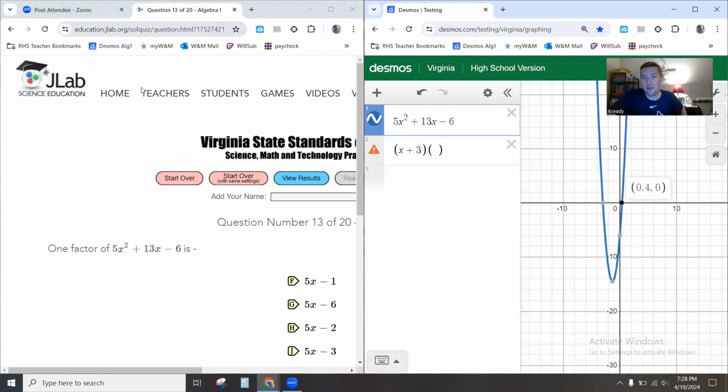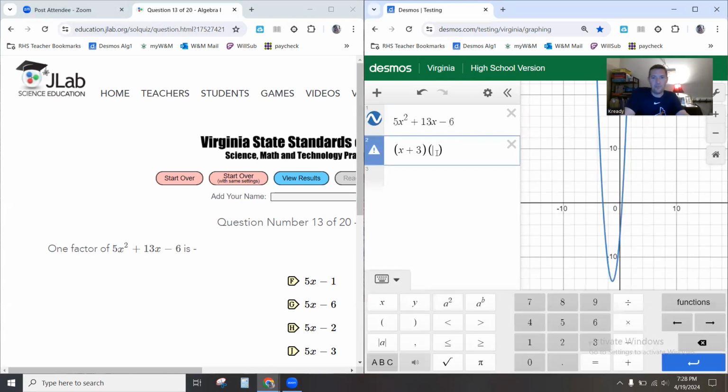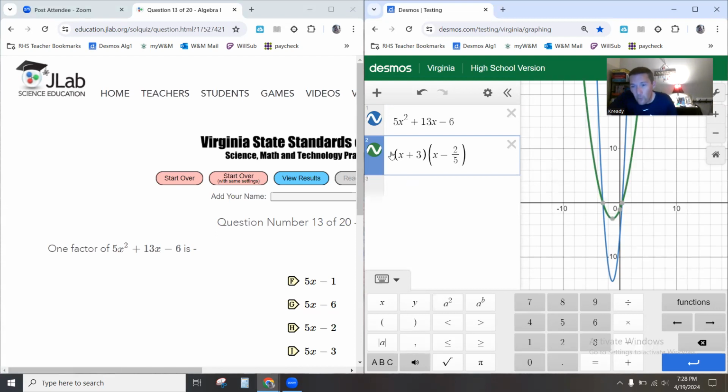Now, I'll put a fraction, right? Watch what happens. Okay, so I know that's positive 0.4. So I'm going to say minus 0.4 is going to be 2/5. Okay. Now, 0.4, I'm going to swing that 5 over. And we don't have to do it if we kind of understand the algebra behind it.